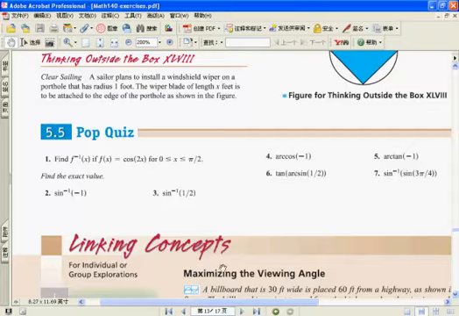Now let's get back to the whiteboard. So we have the function f of x equal to cosine of 2x. And then we need to find the inverse. So we just use y to replace f of x.